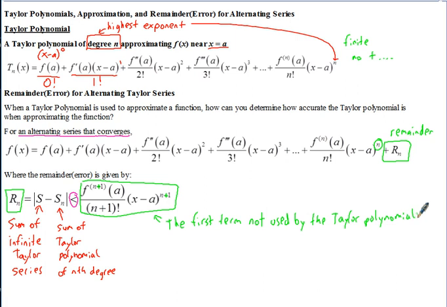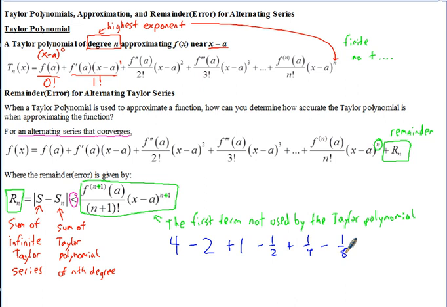So to see why that would represent the most we could be off by, our error is going to be less than that when you have an alternating series. So I'll show you a simple alternating series that's geometric here. So if we had multiplying by negative 1/2, negative 2, positive 1, negative 1/2, positive 1/4, negative 1/8.